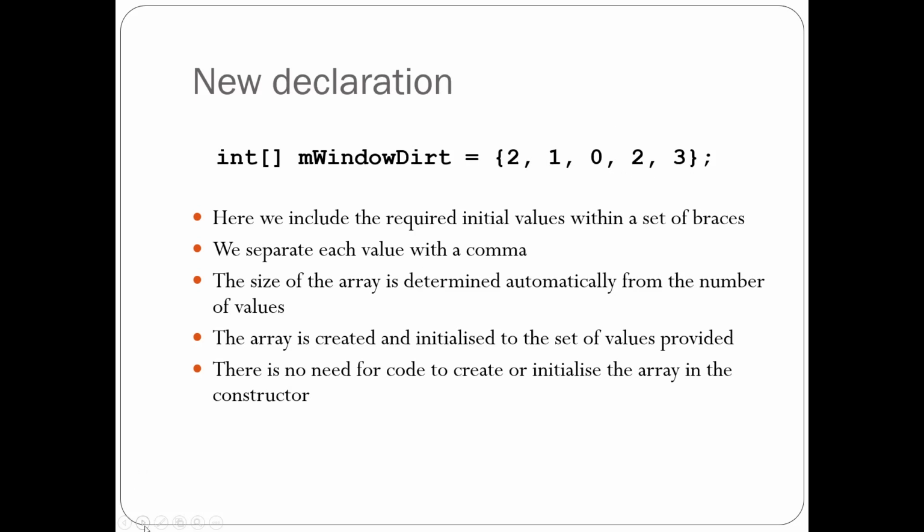So here we have an array declaration with the values preset, at index 0, 1, 2, 3 and 4. We don't need any code to initialize the array in the constructor, which you'll see in a minute, and we also don't need to write code using user.inputInt to type the values in.